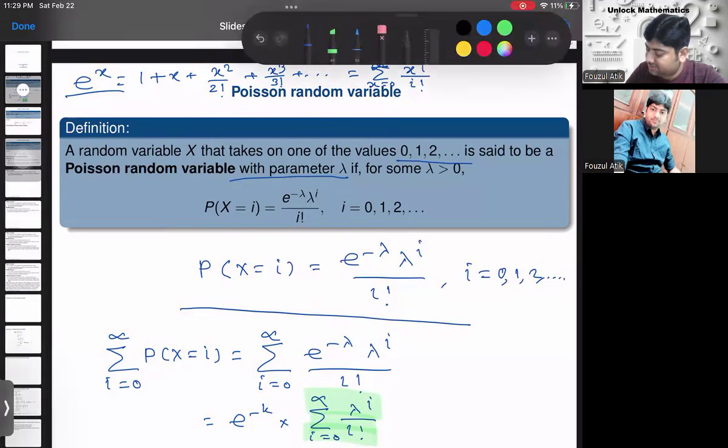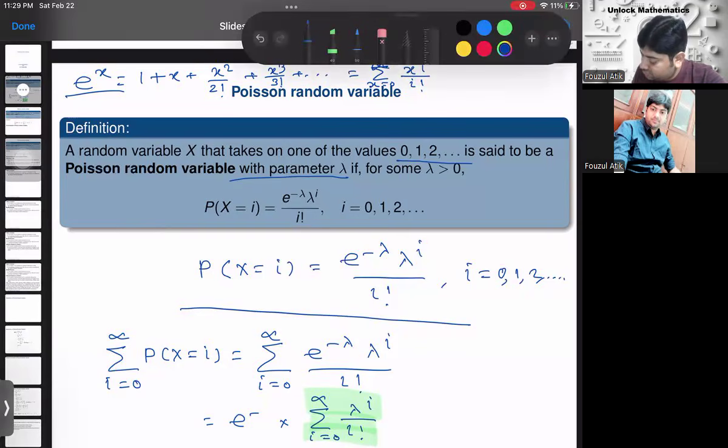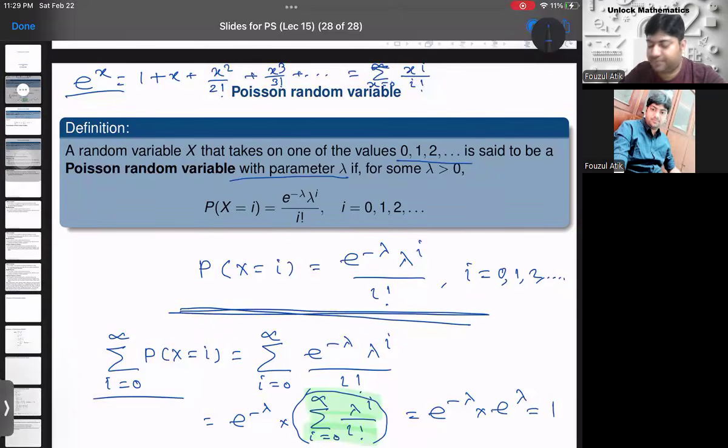Again, I made a mistake, it is e to the power lambda. So it is e to the power minus lambda into e to the power lambda, which is actually 1. Therefore, it is verified that this is a probability mass function of some random variable. In this case, it is the Poisson random variable.